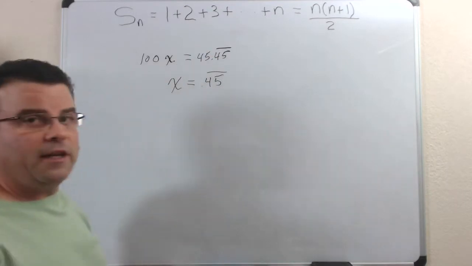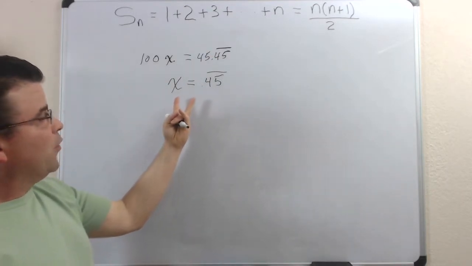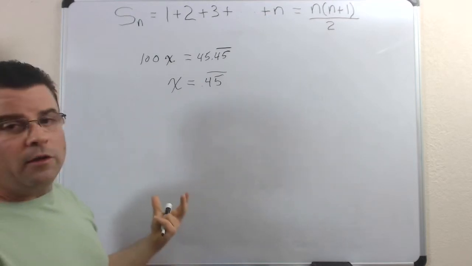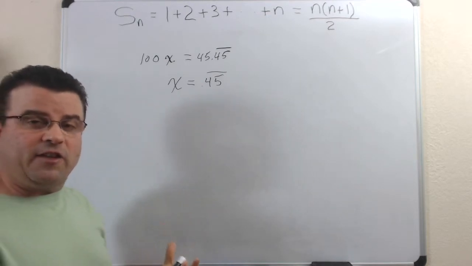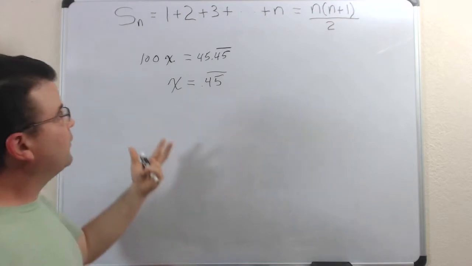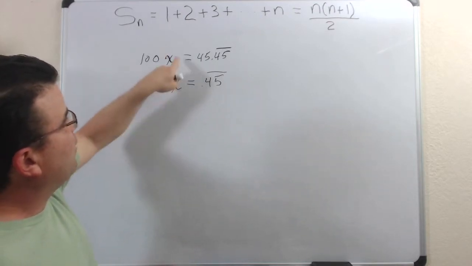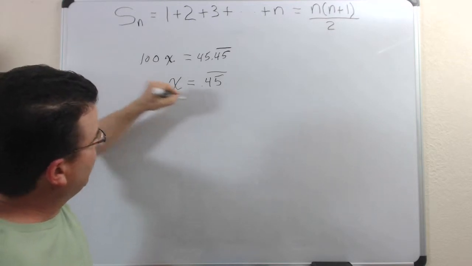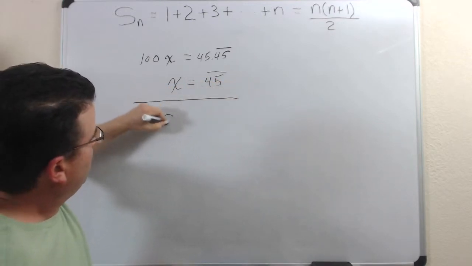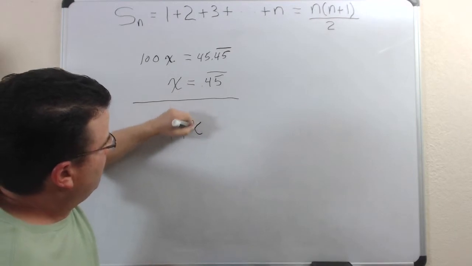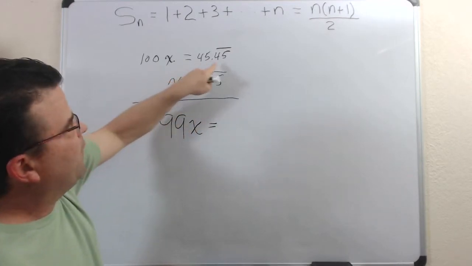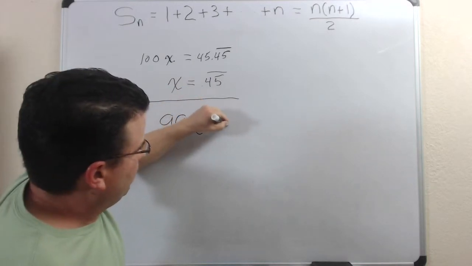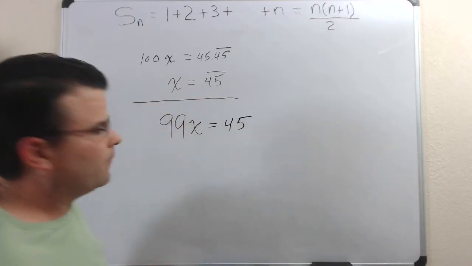with the 4-5 repeating. Now, remember, I have to reiterate, x is not a variable. So we just want to write x in a different form in this particular case. So I'm going to subtract the second equation from the first equation. And 100x minus x is 99x. And 45.45 repeating minus 0.45 repeating is just 45.